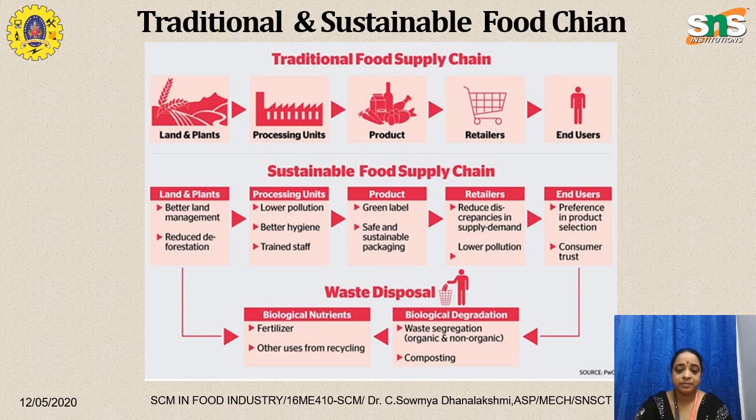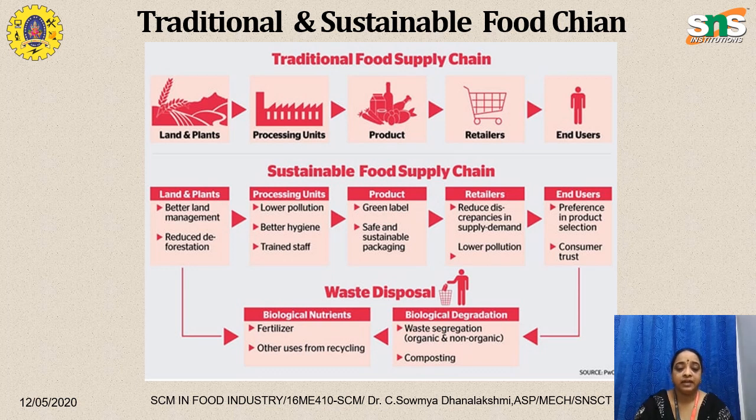This is the comparison of the traditional and sustainable food chain. As we discussed in the previous slide, the traditional food supply chain has a normal process from plants or from the land to the end user. But the sustainable food supply chain includes the waste disposal also.